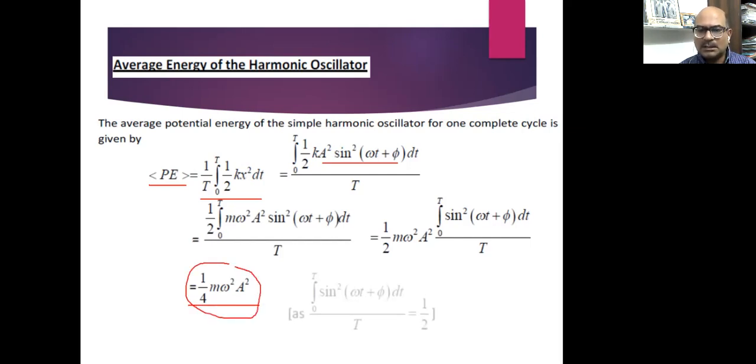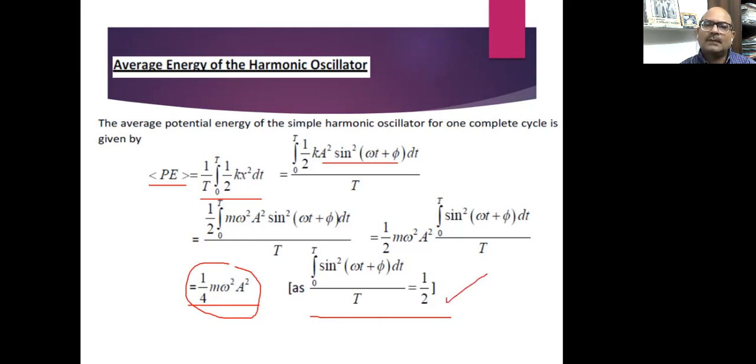This is the average one, because you know that integral 0 to T sin square (omega t plus phi) dt by capital T is half, so this expression you can use. Then potential energy is half, 1 by 4 Ka square. This is the average potential energy.